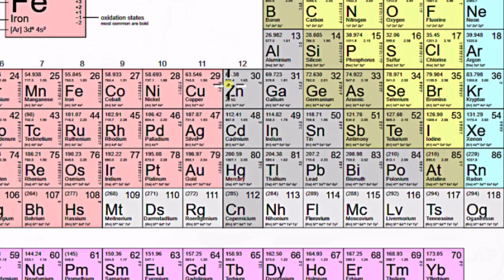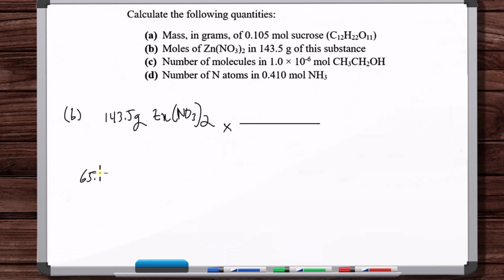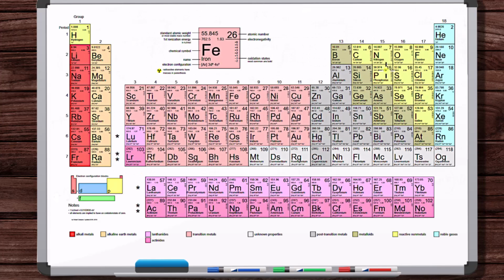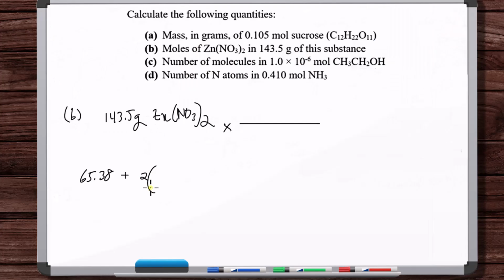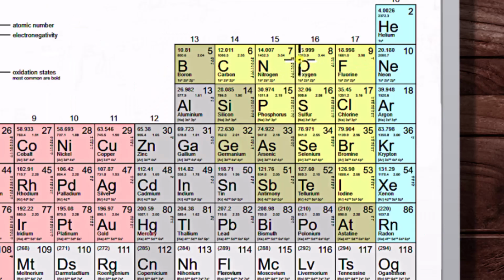Zinc atomic weight, 65.38. Nitrogen atomic weight, 14.007. Oxygen atomic weight, 15.999.